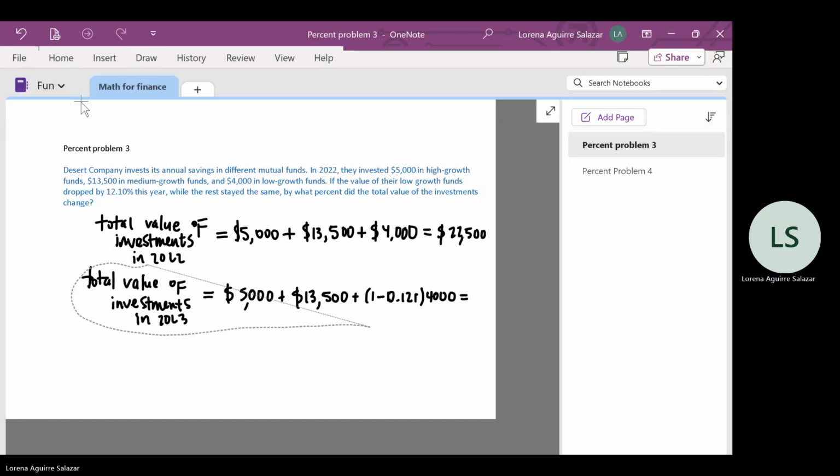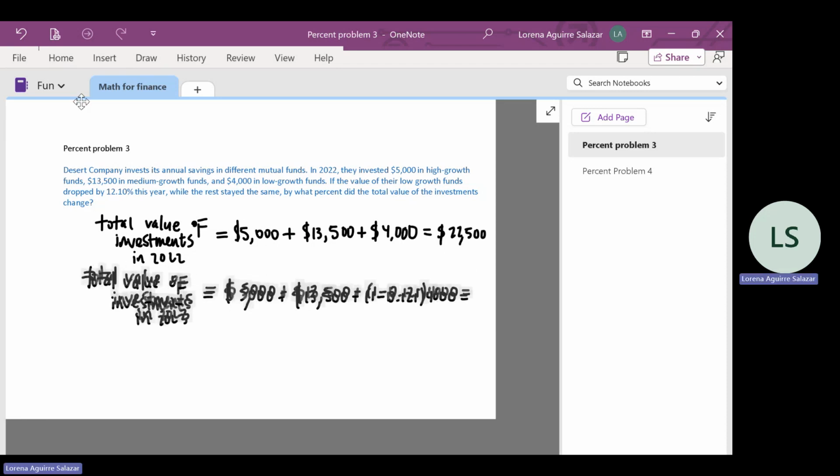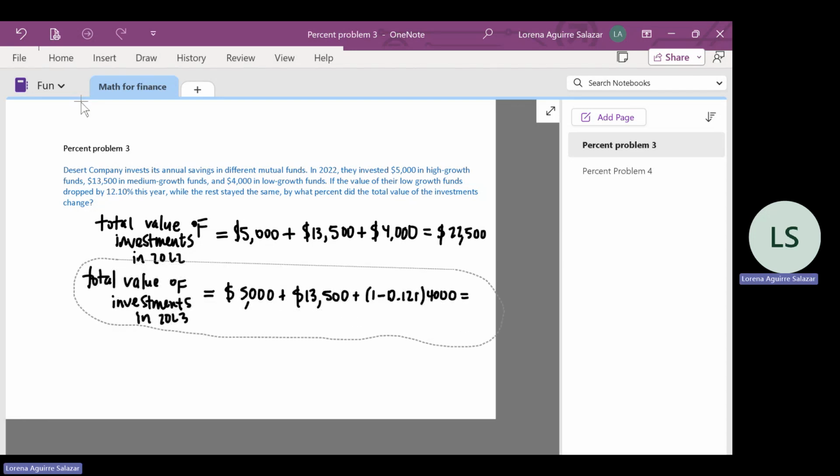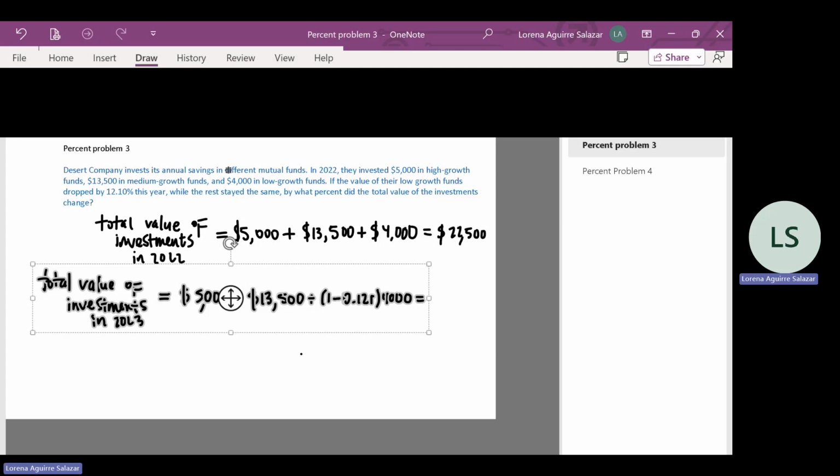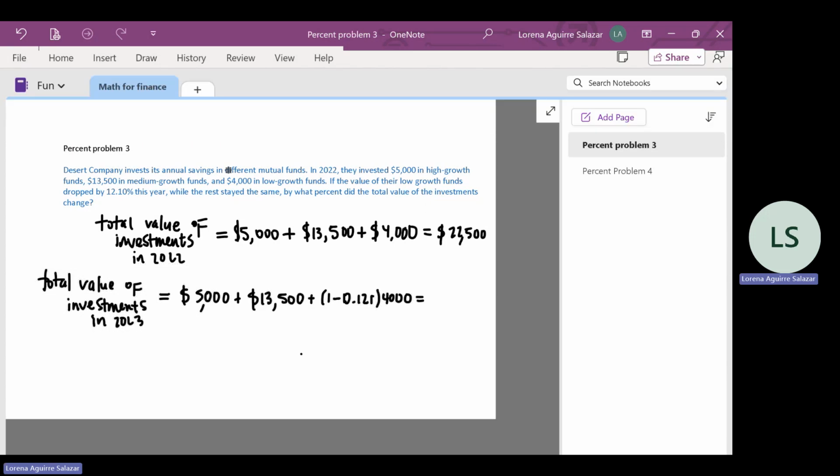Again, we need to use a formula that is very useful in percent problems to find the new value of what went to low growth funds, because there was a drop of 12.10%.